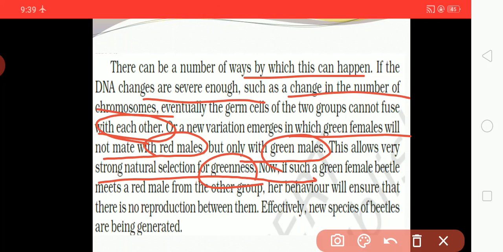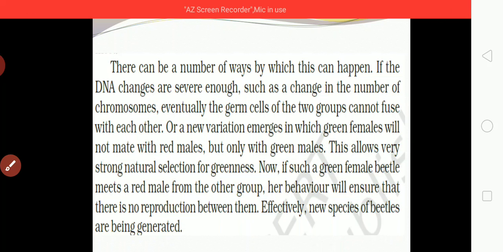So now if such a green female beetle meets a red male from the other group, her behavior will ensure that there is no reproduction between them, and effectively a new species of beetle is being generated.